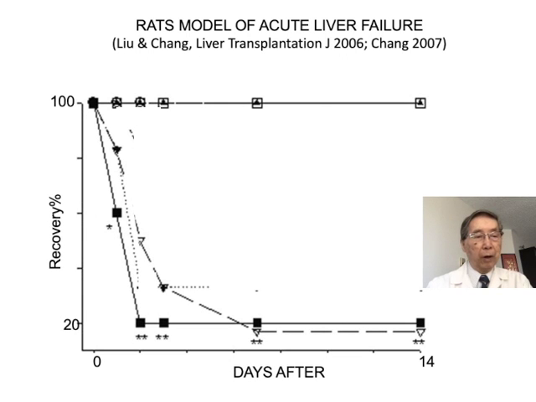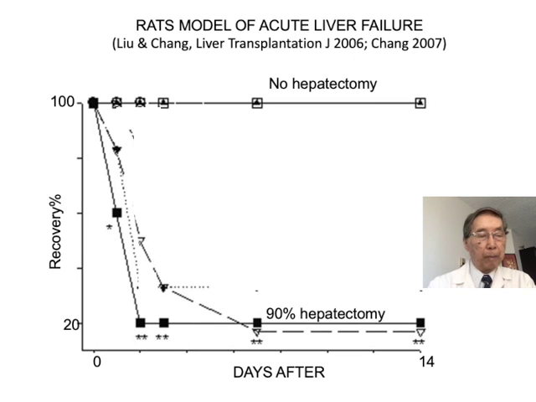For instance, this is one example of the result we obtained. In rats, we remove 90% of the liver, and the recovery of the rat is shown here. Rats with no liver removed recover with no problem and live for the length of the study. Those with 90% liver removed die very quickly.